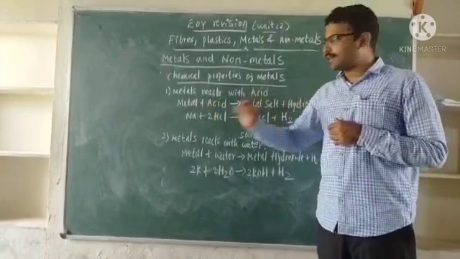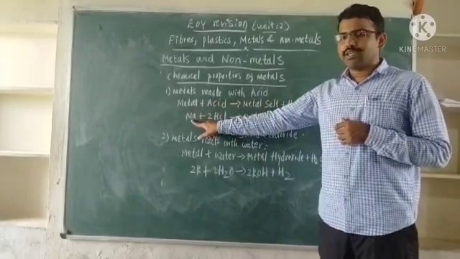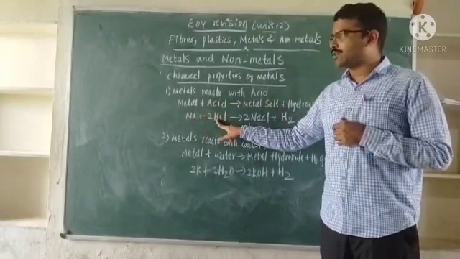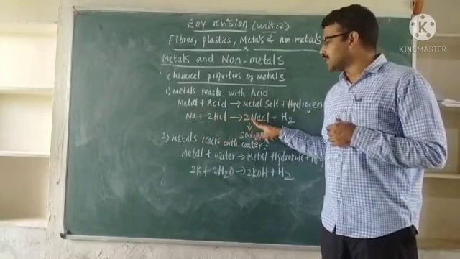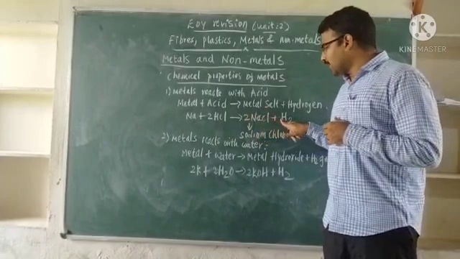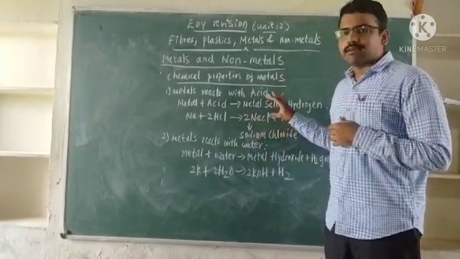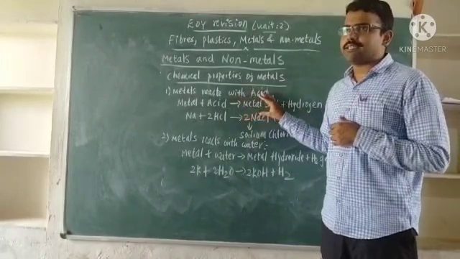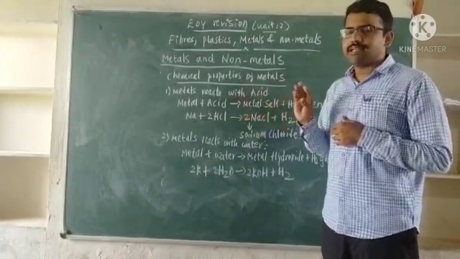For example, sodium (Na) reacts with hydrochloric acid and generates sodium chloride, giving hydrogen gas. This is the first chemical property of metals.